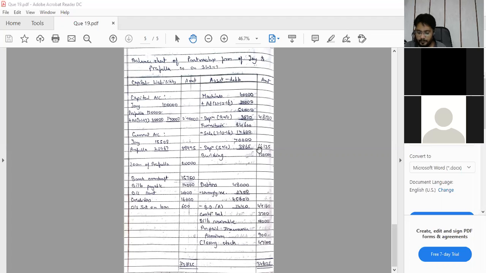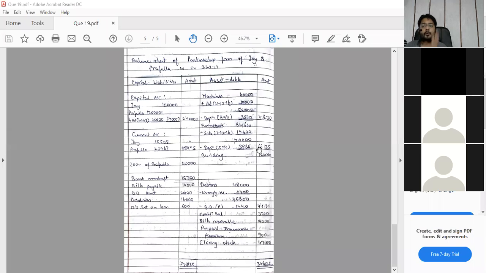Seventh adjustment, Prafulla withdrew goods of rupees 2,000 on 1/12/16, which is recorded in the sales book at rupees 2,400. Try to understand. This is wrongly recorded in the sales book, and at which amount is it wrongly recorded? 2,400.